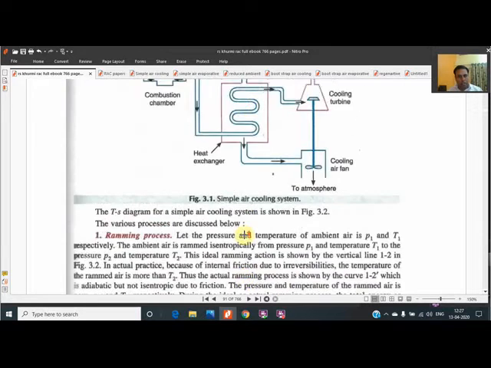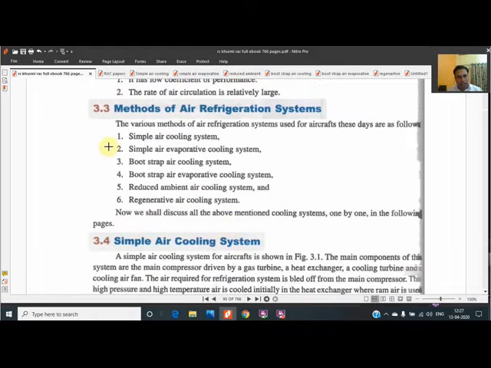A completely different system is used, and there are 6 types of cases for this system, because as I have told you earlier, in aircraft beside cooling we want cabin pressure also, meaning cabin pressure of 1 bar. I have told you in my previous lecture that an airplane flies at very high altitude, and at that altitude the pressure is very low.